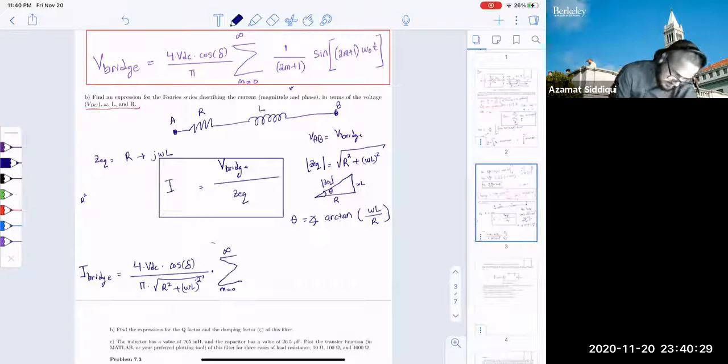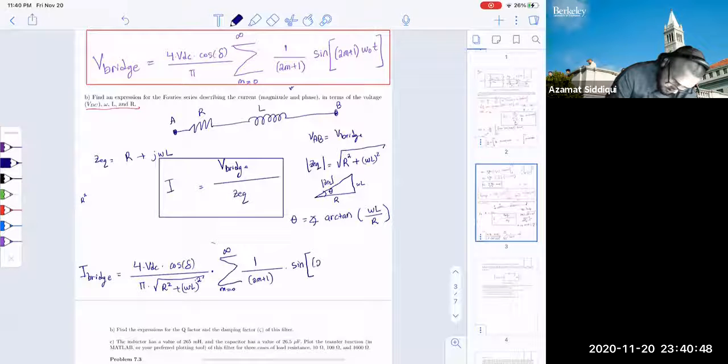Now that's going to be 1 divided by 2m plus 1 times sine of 2m plus 1 times omega naught t.